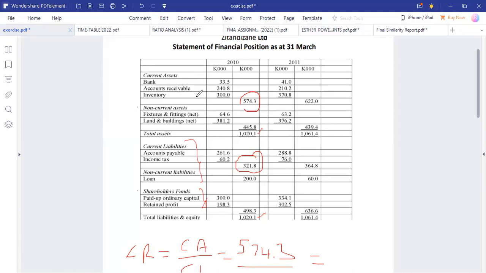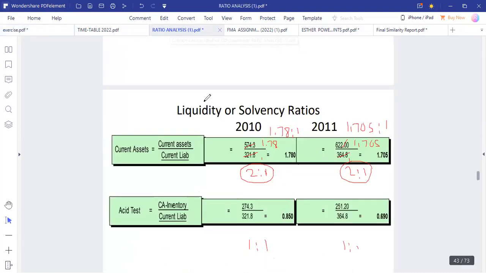Here, the inventory of 300 needs to be subtracted, and here, the inventory of 370.